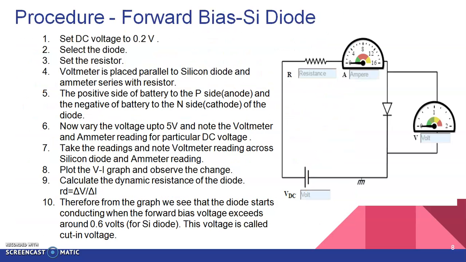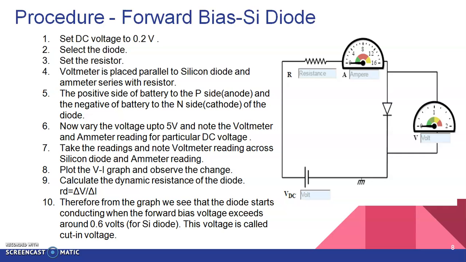And before we do the simulation lab or virtual lab, what are the procedures we have to follow for this experiment? First, we have to set the DC voltage to 0.2 volt. This is the minimum voltage we give to the diode.